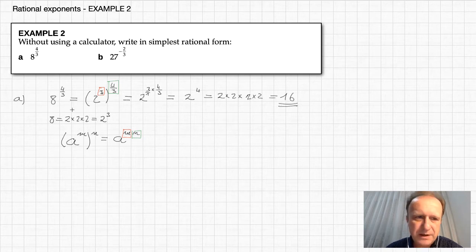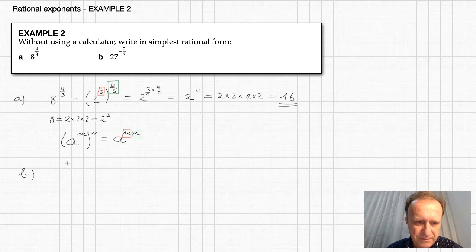And you see, we have been able to calculate this number, which involves taking the third root actually, without taking it. We just followed the laws of exponents, used them, and here is our answer.